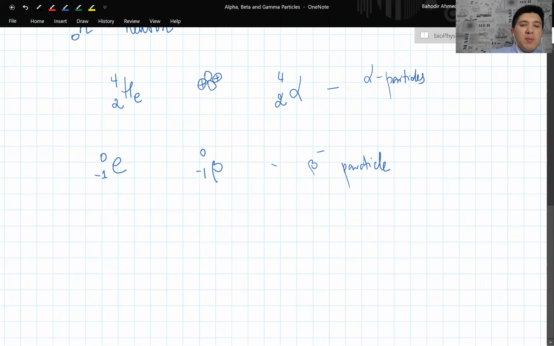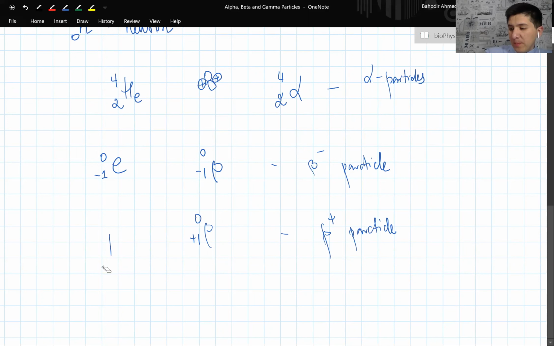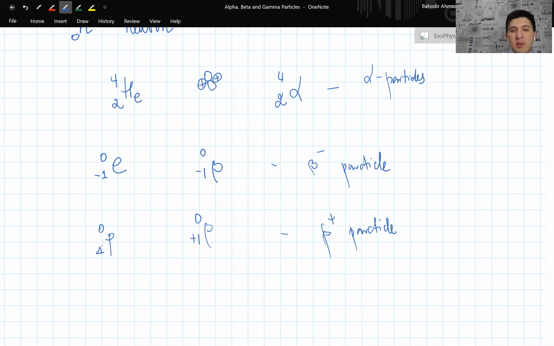And there exists a beta positive particle, +1 and 0. So the beta plus particle, which in our case is going to be the positron, with mass 0 and charge +1, or atomic number +1, is going to be called a beta plus particle.